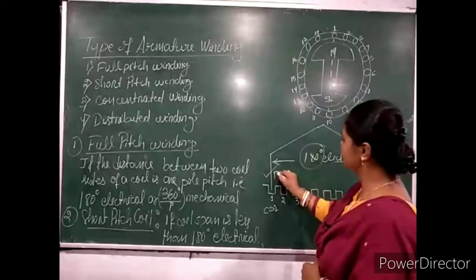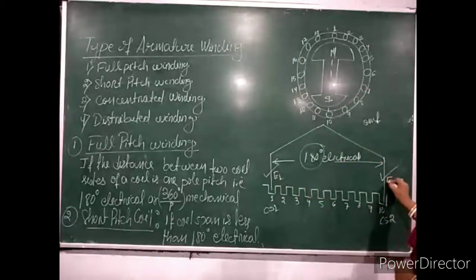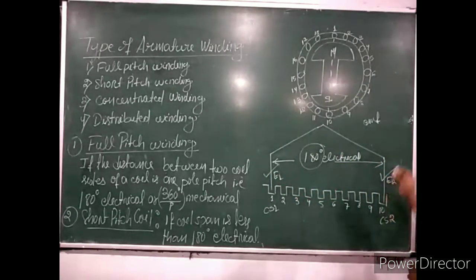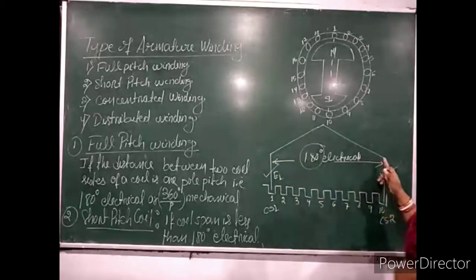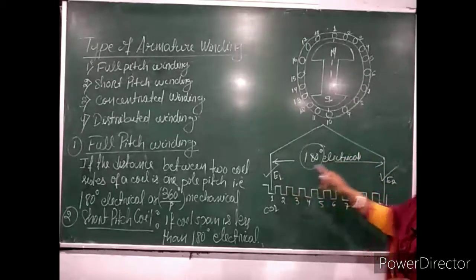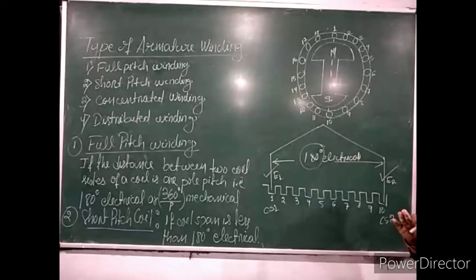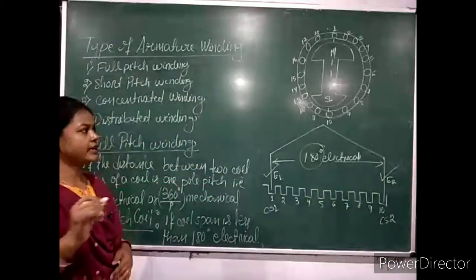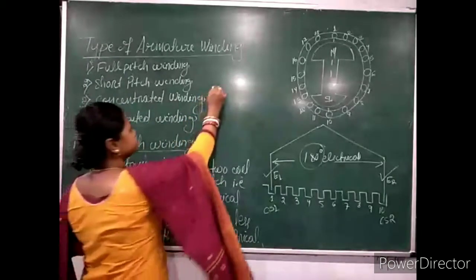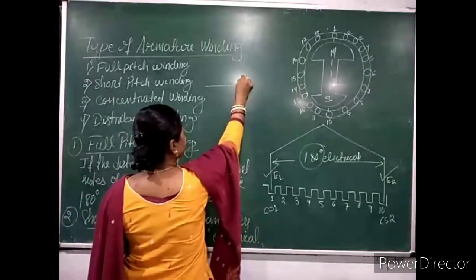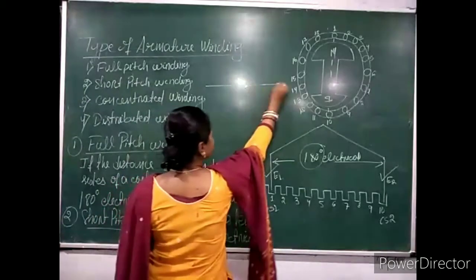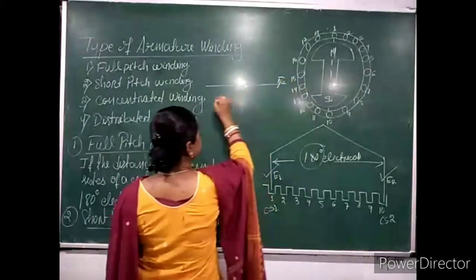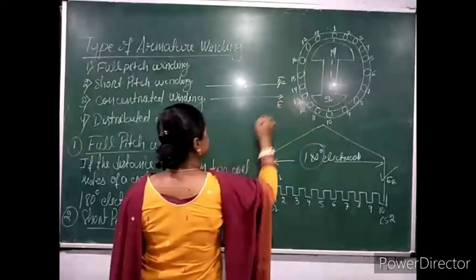Let the EMF induced here be E1 and here E2. As the coil span is 180 degree, these two EMFs E1 and E2 are in phase with each other. So, if you draw the phasor diagram, E1 added with E2 gives the resultant EMF E.